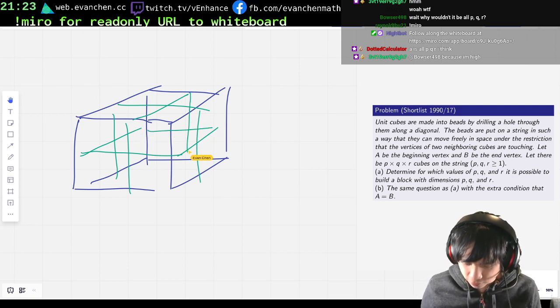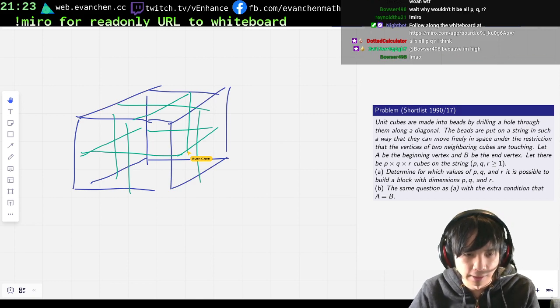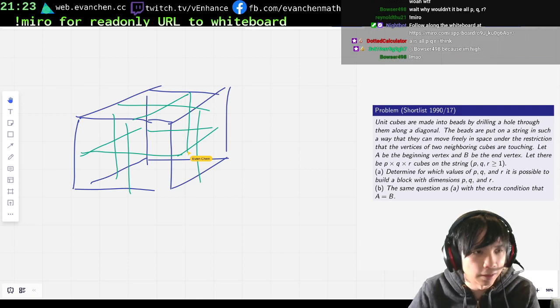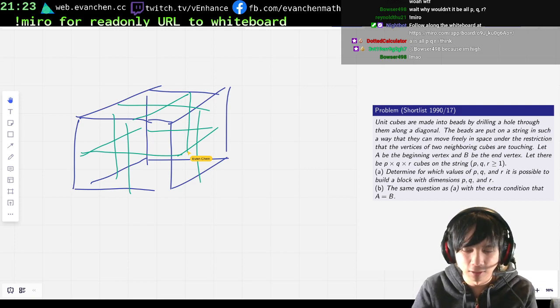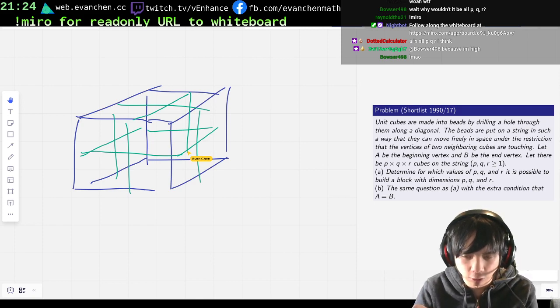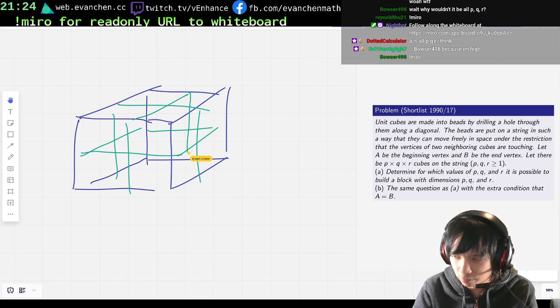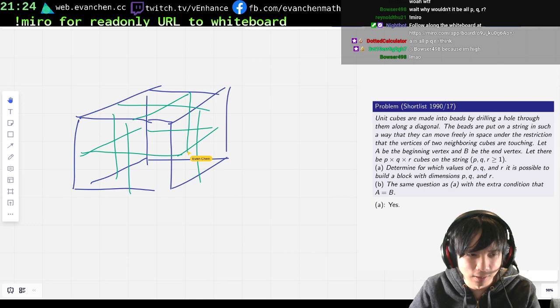Okay, well, part A is just asking whether you can have a Hamiltonian path on the set of cubes. It's not even a Hamiltonian path actually. Two cubes share a vertex if and only if they touch anywhere, just in a p by q by r cube. So you want to get a path through all the cubes, and unless I'm crazy, I think the answer is just yes.